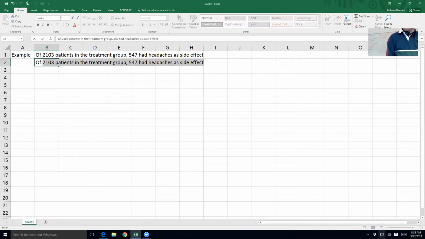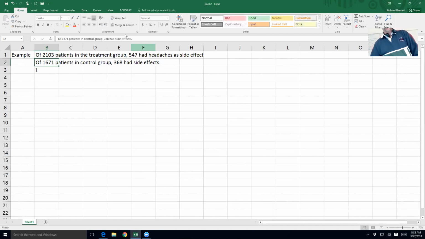Of 1671 patients in the control group, or the placebo group, 368 had side effects, or headaches, whatever. Headaches as a side effect.